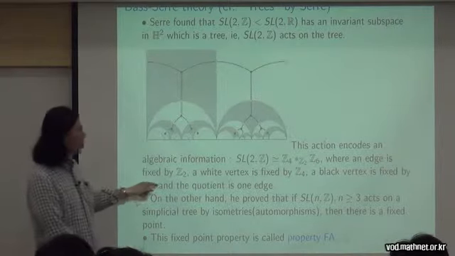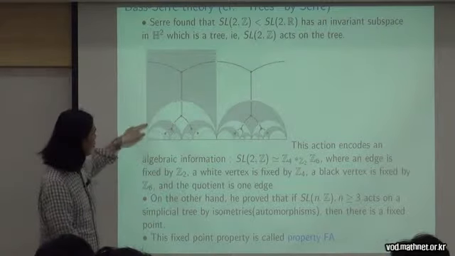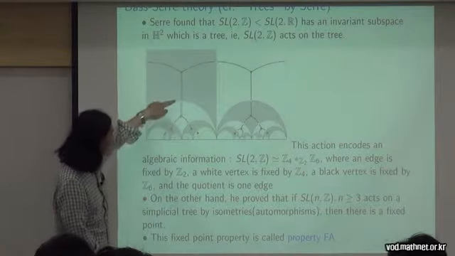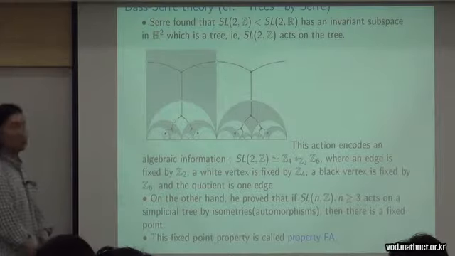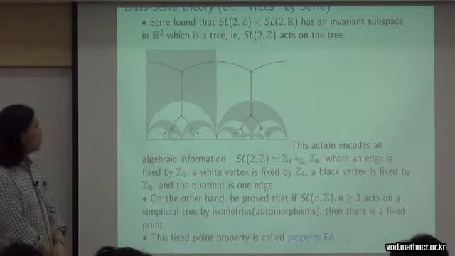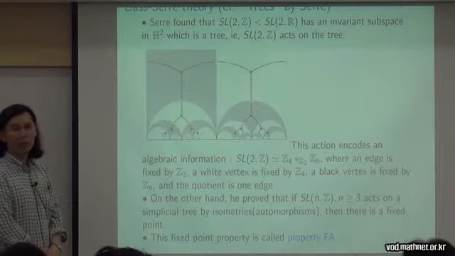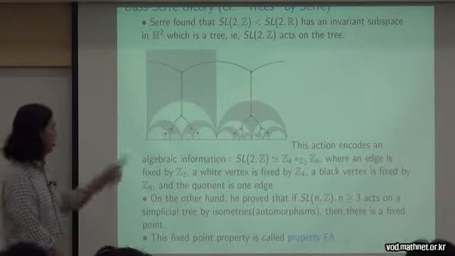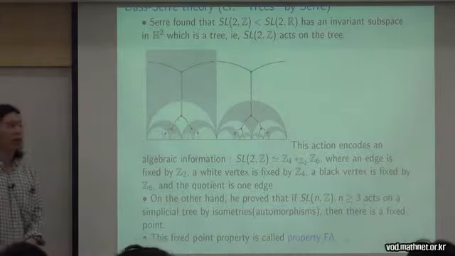Here are some properties you can say. First of all, the quotient is just one edge. Those are vertices, and there are two colors, white ones and black ones. The white one is one orbit of the action by SL2(Z), and the black ones are the other orbit.